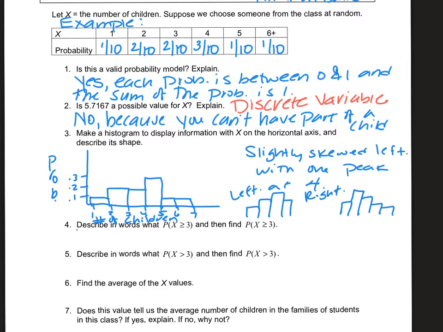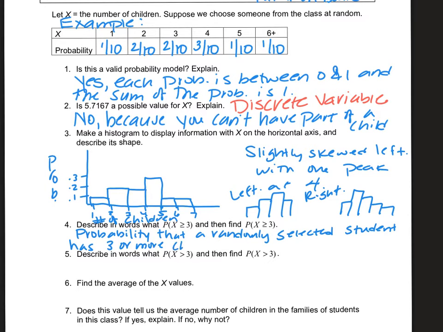So in words, this means the probability that a randomly selected student has 3 or more children in their family. And this would be, the probability is, let's see, 3 or more, would be 7 out of 10, or 0.7, 70%.